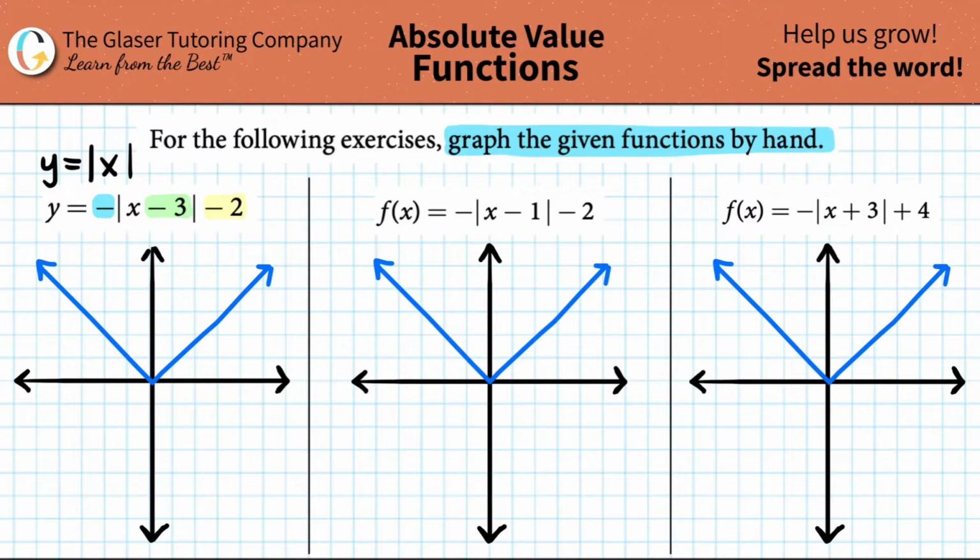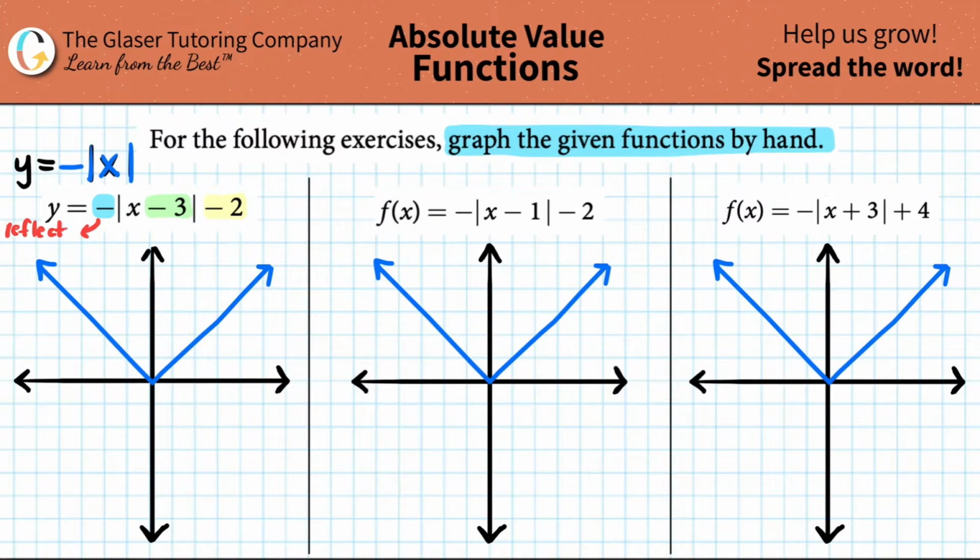So the first thing that we're going to do is address this negative in front. When you see a negative in front of the absolute value function, this is just saying that you are reflecting.